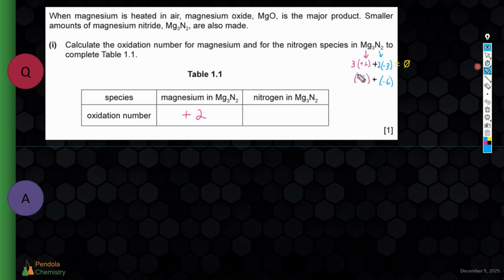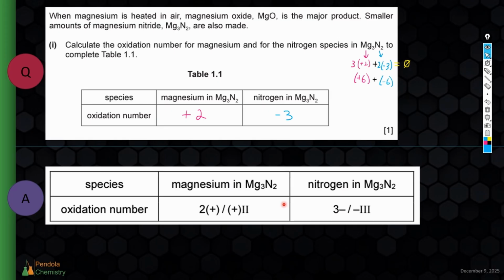That -6 plus the +6 from the magnesiums gives us that overall oxidation number of 0. Meaning that the nitrogen oxidation number has to be -3. And if we look at our mark scheme, that's exactly what we have: +2, or plus Roman numeral 2, and -3. And that's our oxidation numbers.